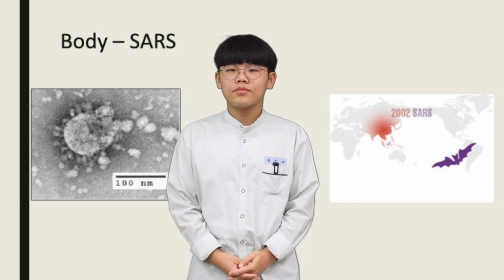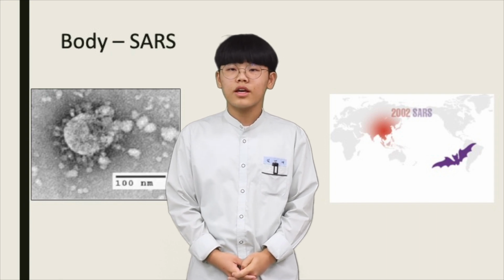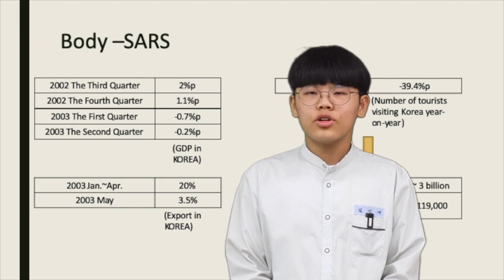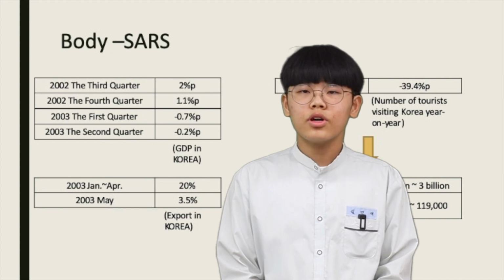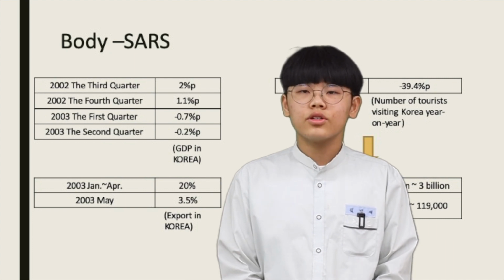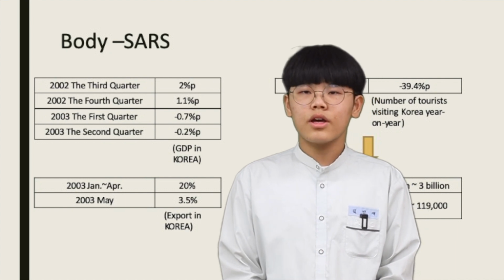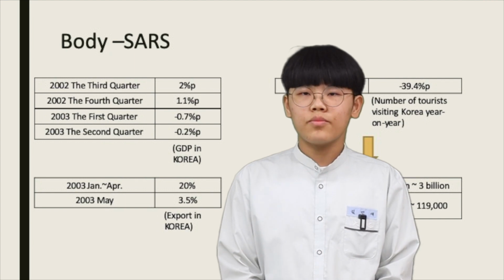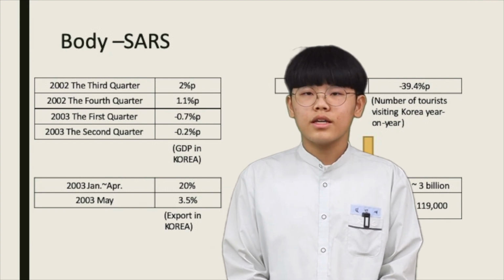SARS has had many adverse effects on the economy, GDP, export, and tourism. Korea's GDP decreased to 1.1, minus 0.7, minus 0.2 percent point from June 2002 to June 2003, and the export rate dropped from 20% in January to April 2003 to 3.5% in May.